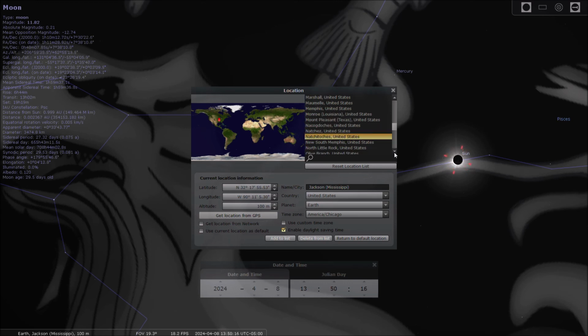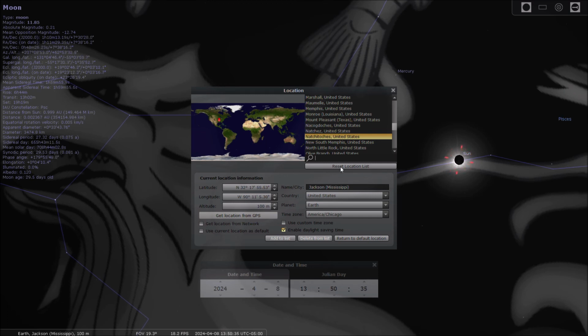Okay, so it's only showing the states around this location. That's what's going on here. So how do I reset that?